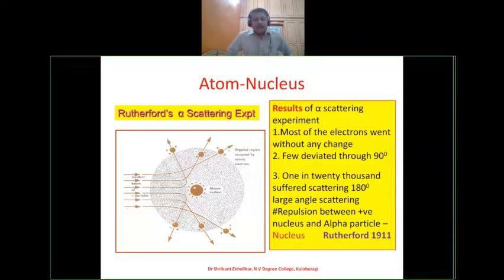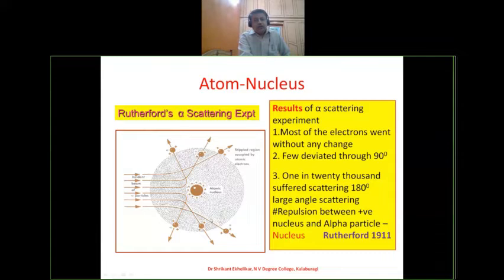Some of the alpha particles scattered by 90 degrees, and 1 in 20,000 scattered by a large angle, that is 180 degrees, because the incident alpha particle is positively charged, and it is incident at a point where the whole of the mass is concentrated and it is positively charged. Therefore there is a Coulomb repulsion, hence the incident alpha particle has scattered by 180 degrees.